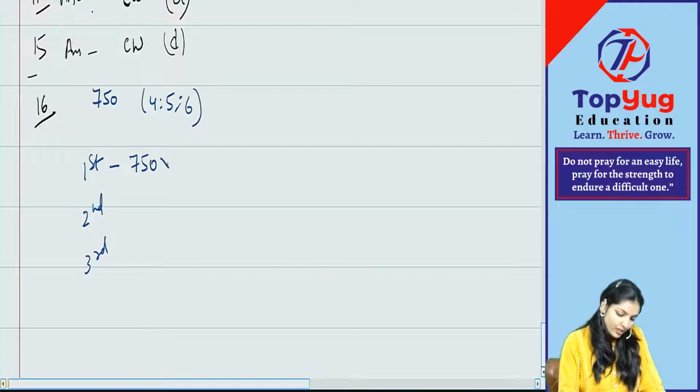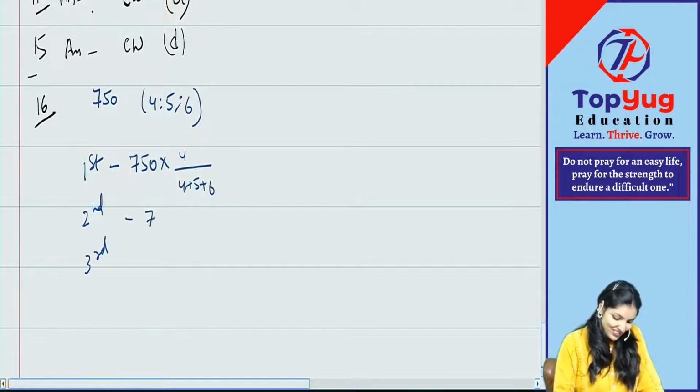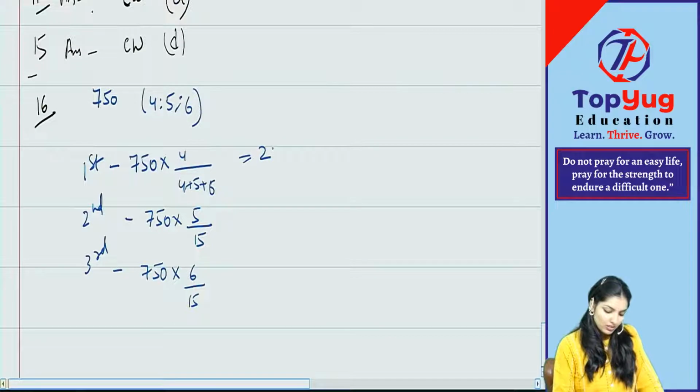So 750 into 4 divided by 4 plus 5 plus 6. Remember now. So 750 into 5 divided by 15. 750 into 6 divided by 15. Tell me the answer. 200, 250, 300.